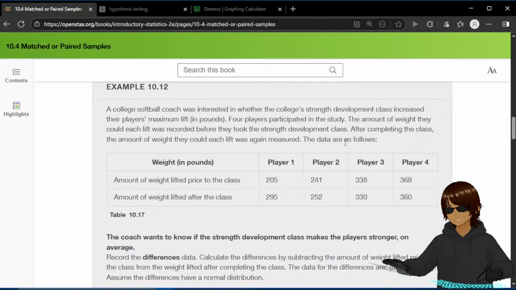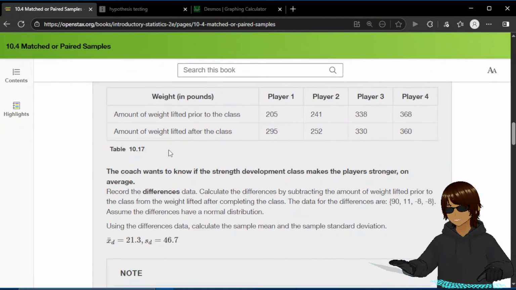The data are as follows: amount of weight lifted prior to the class, amount of weight lifted after the class. The coach wants to know if the strength development class makes the players stronger on average.